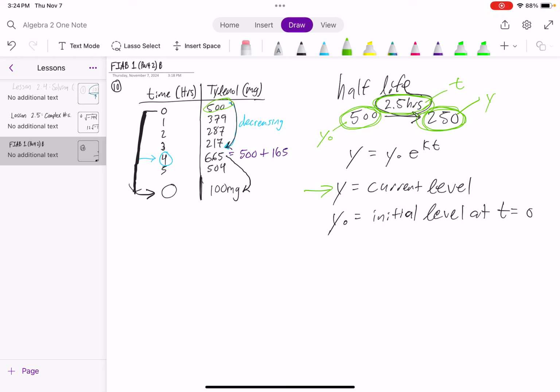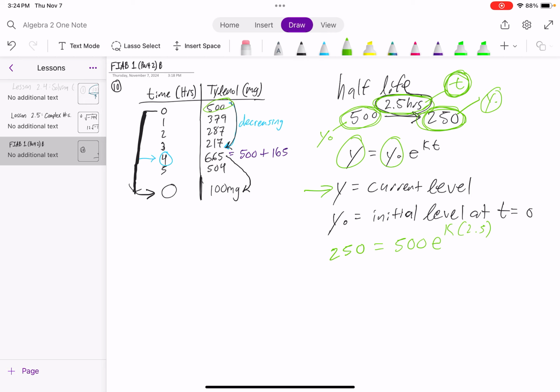That's what you started with. This is what you're ending with. And this is the time it took to get there. The time to half it is the half-life. So you're going to have 250, that is your y, equal to y naught, what you started with, 500, times e to the k, we don't know what k is, and t, which is 2.5.